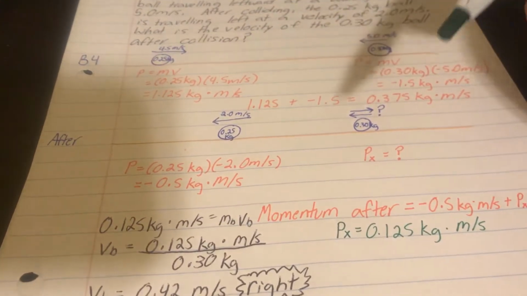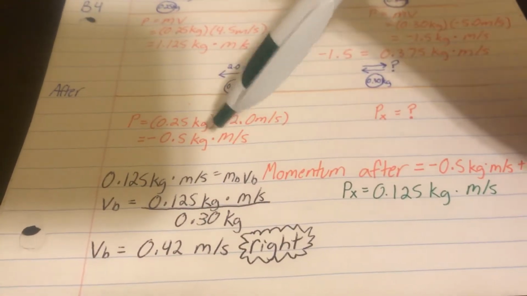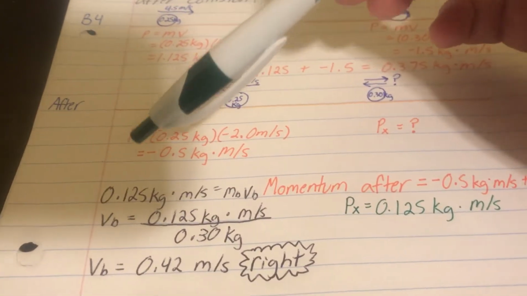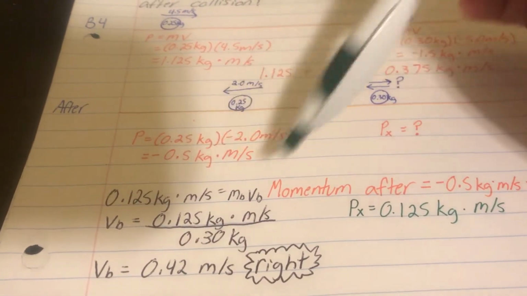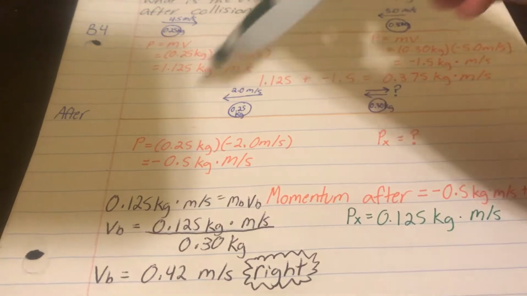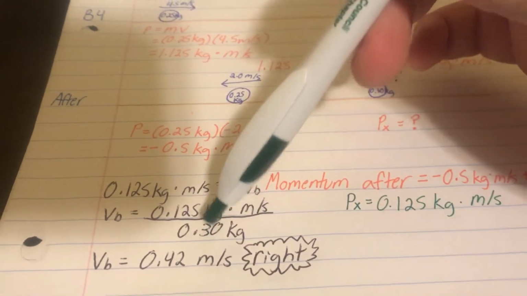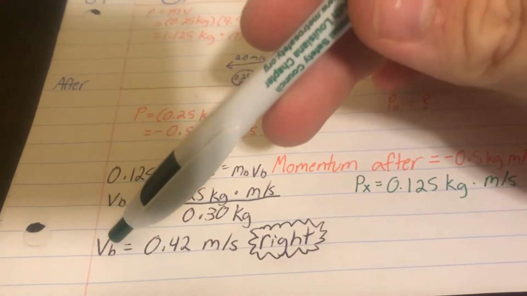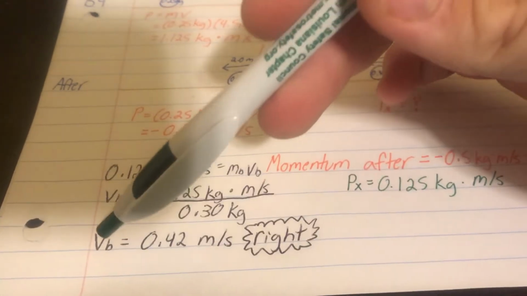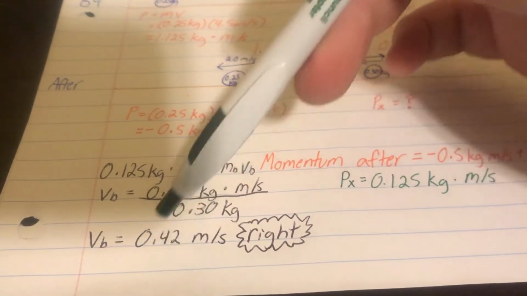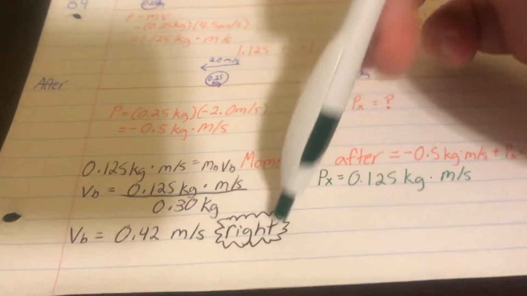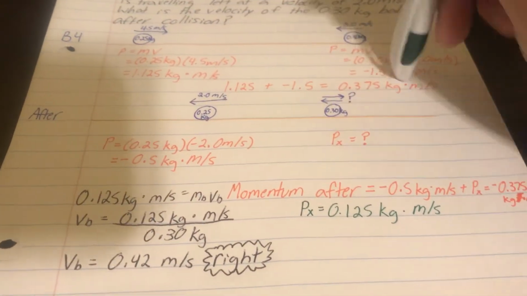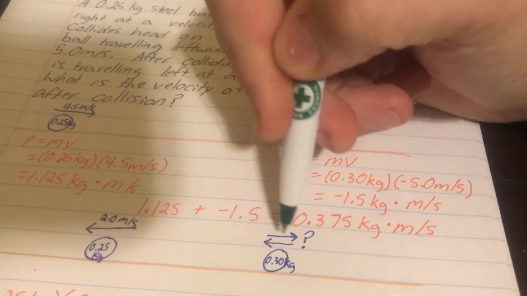So using that formula, I was able to find the velocity by dividing by the mass on both sides. So that gave me the velocity of the ball is 0.42 meters per second to the right. So it's heading in this direction.